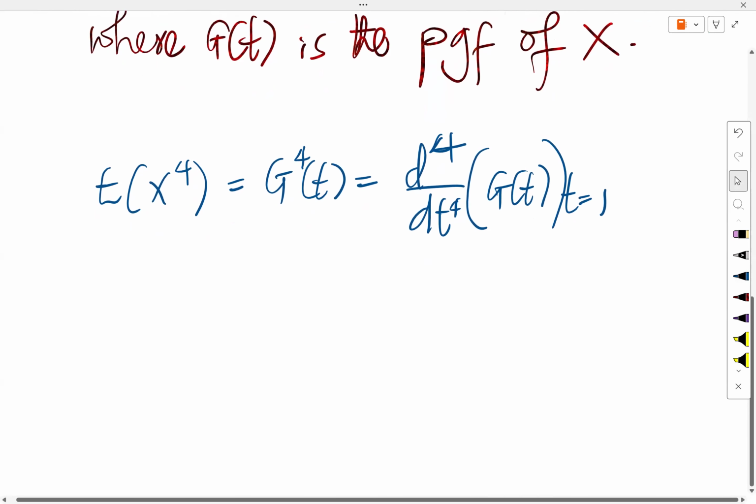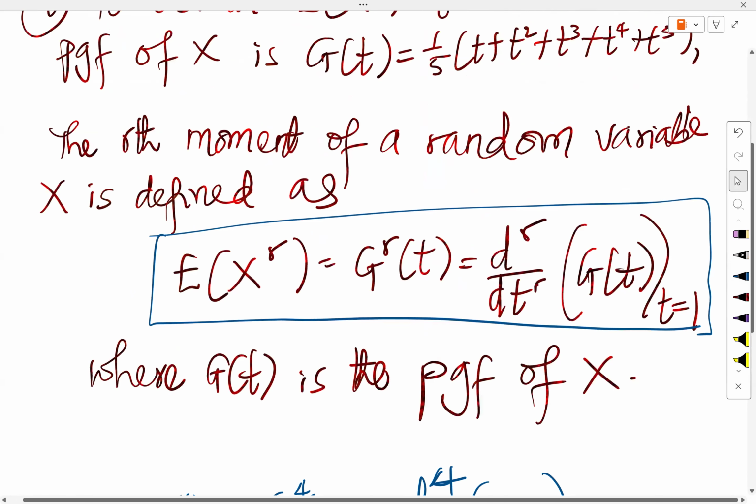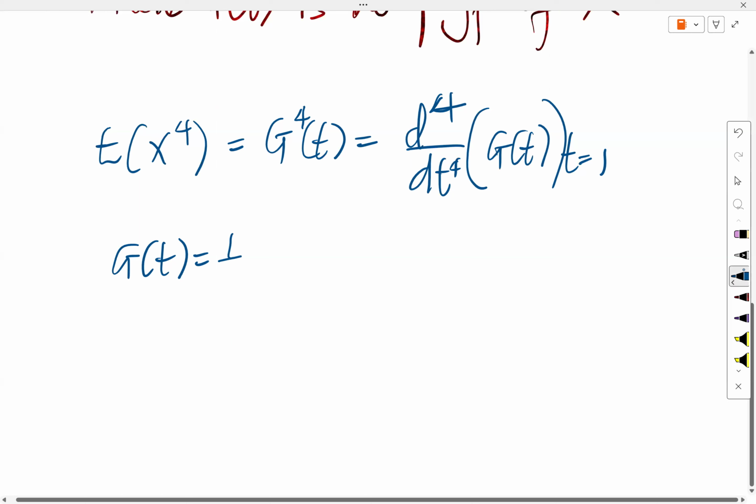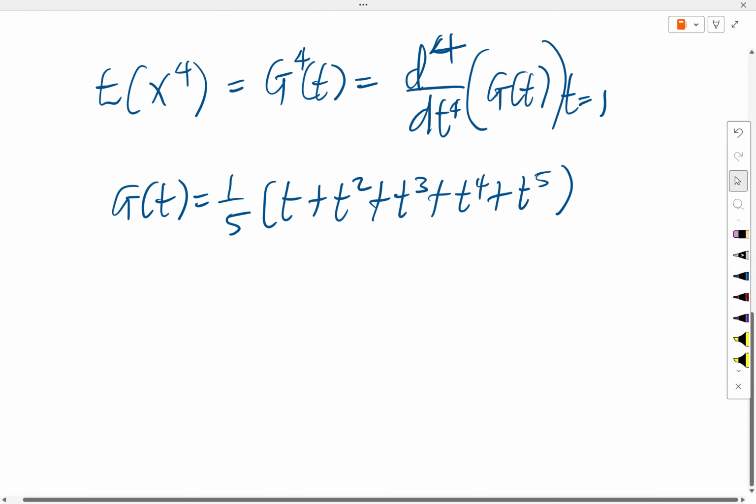So then we have to refer to the g of t we're given, which is 1 over 5 into t plus t squared plus t cubed plus t raised to power 4 plus t raised to power 5. So you need the fourth derivative.